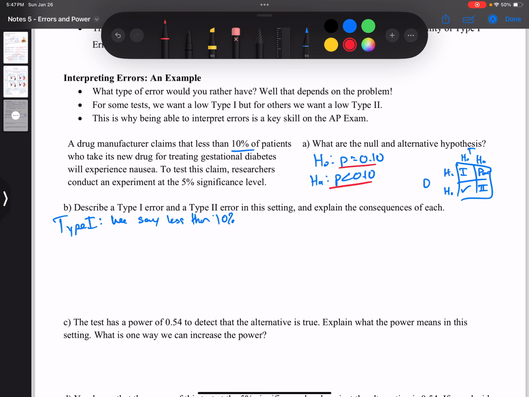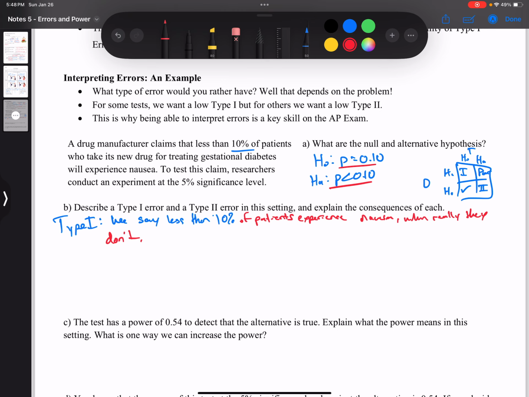So we're saying that less than 10% of patients experience nausea, but when really they don't.